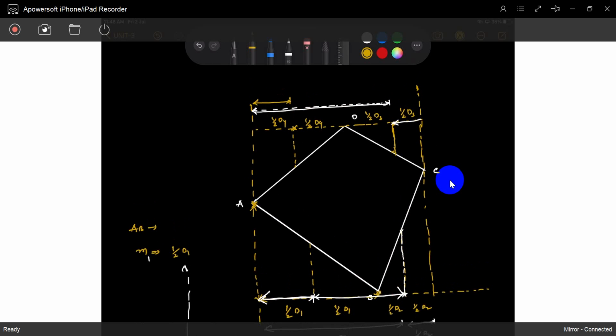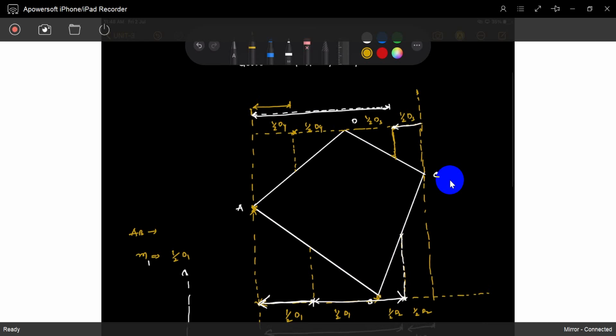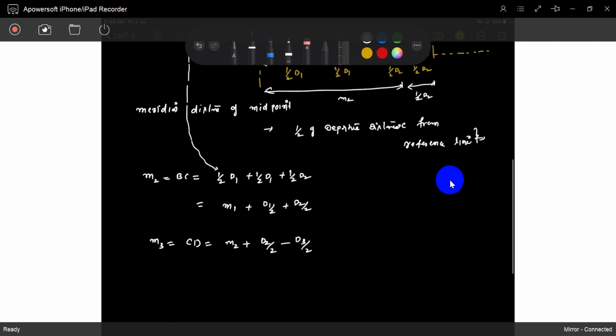I don't want to write like this, but I will write like so in the representation of the remaining lines. So this is the line M3. M3 is M3 minus of D3 minus of D4. Understood? Same thing.